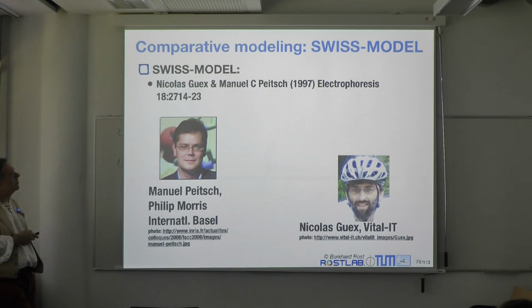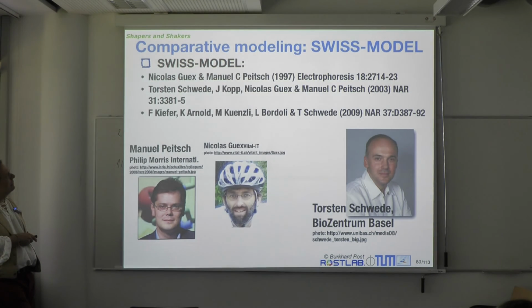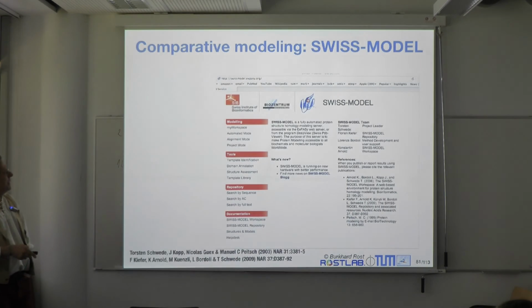It goes back to an idea from Manuel Peitsch, who's now at Philip Morris, and Nicolas Guex. I believe he's now at Lausanne University, I have to look this up, published in some obscure journal. That idea was then refined by what Thorsten is keeping up today in the Biozentrum in Basel.